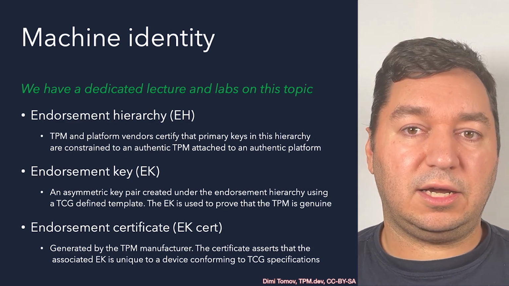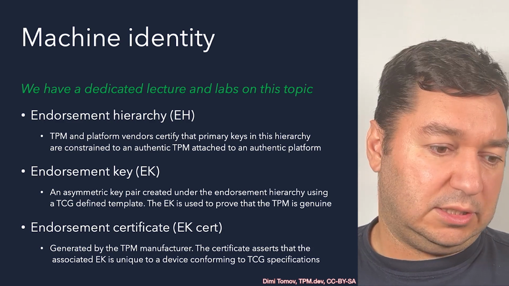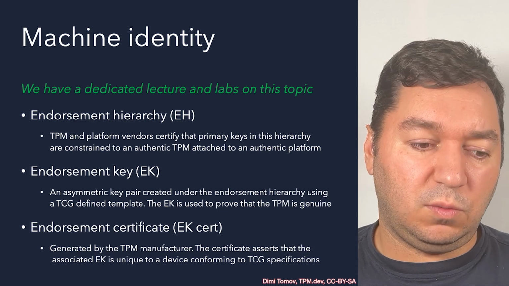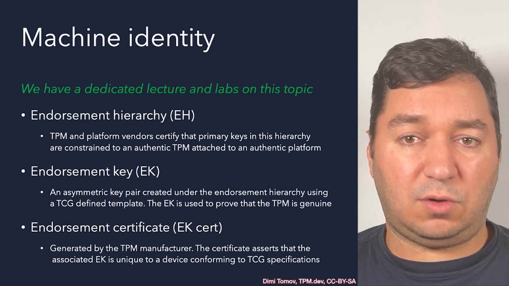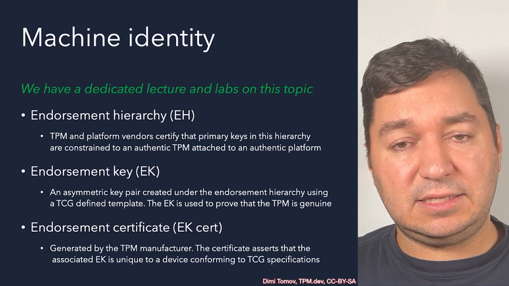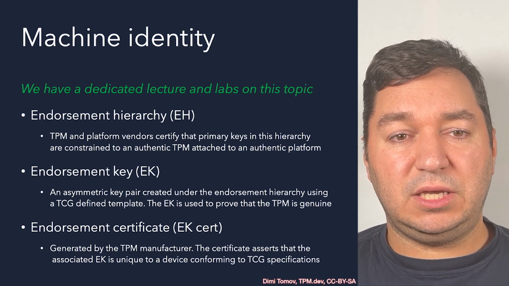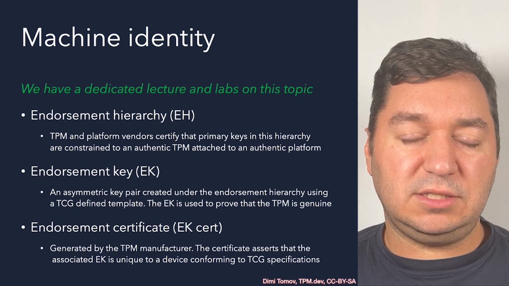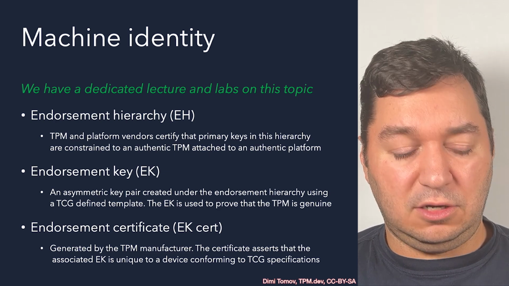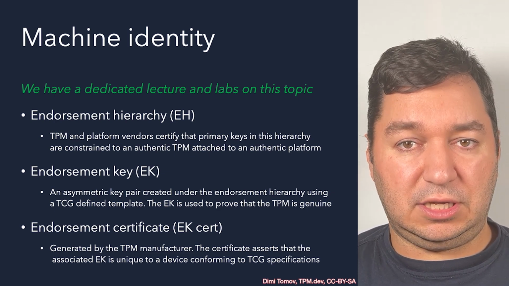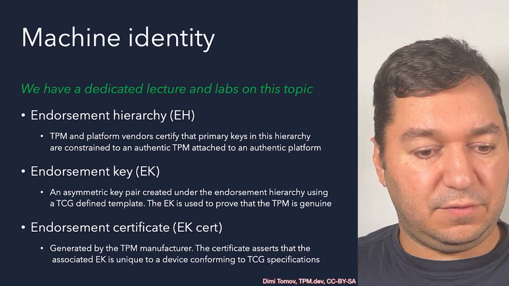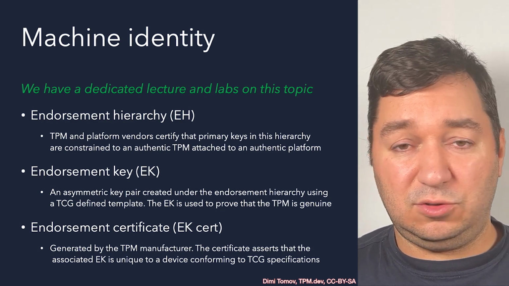Then we have the owner hierarchy, which we used a lot in the first course. And this is typically what you use throughout the lifecycle of a device, throughout your application. But in some cases, like with machine identity, the endorsement hierarchy provides us a bind, a link from the TPM to the vendor, thus establishing trust. And from there, we have something called endorsement key.